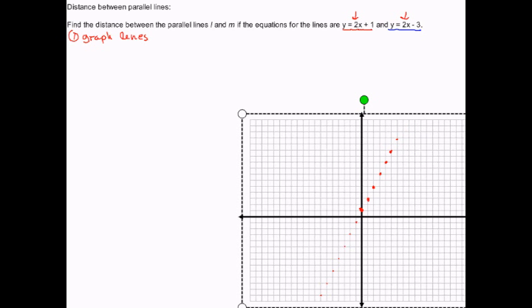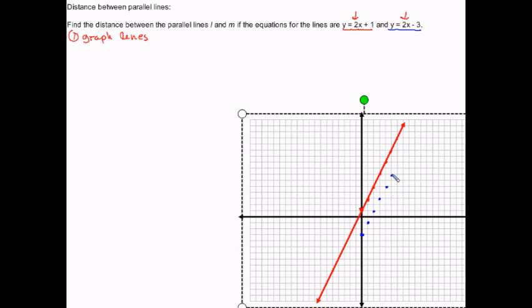So the graph of this equation is this line here. Now in the blue one, my y-intercept is negative 3. So I'm starting at negative 3. And then I have the same slope, so 2 over 1.